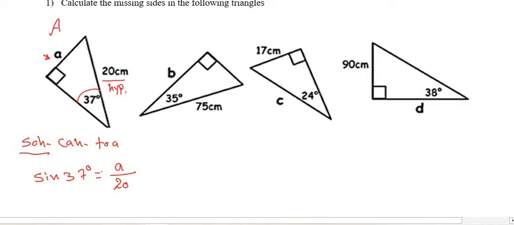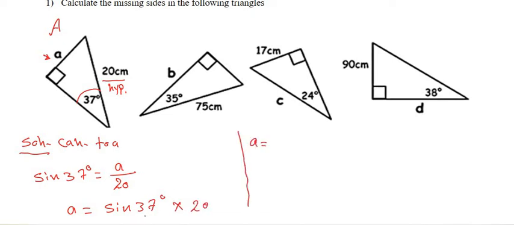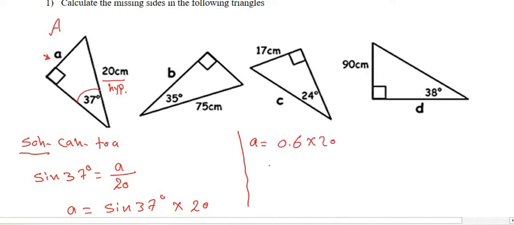And I can apply the cross multiplication. So A equals sine 37 degrees multiplied by 20 by using the calculator. So sine 37 equals 0.6, A equals 0.6 multiplied by 20.